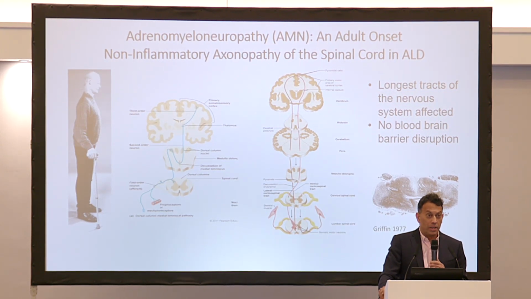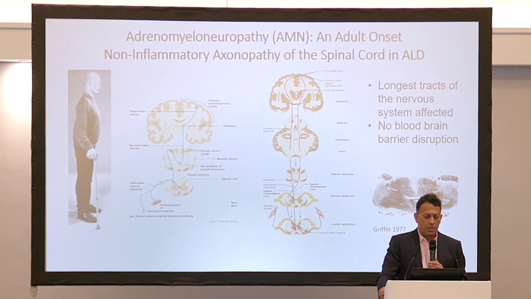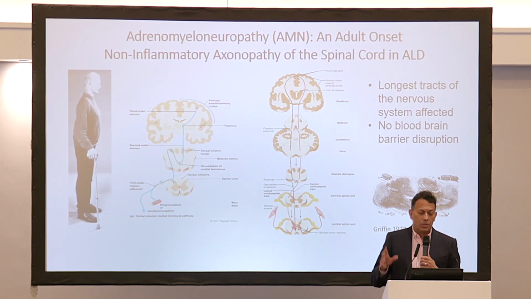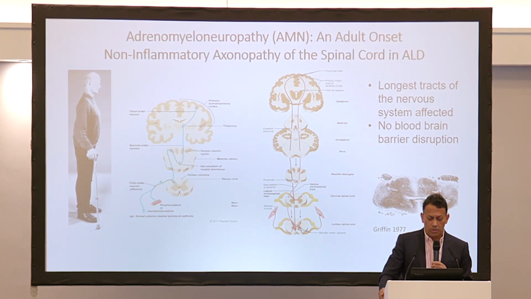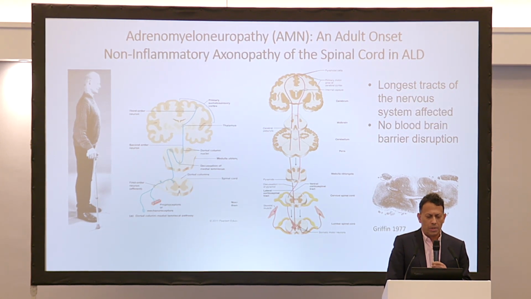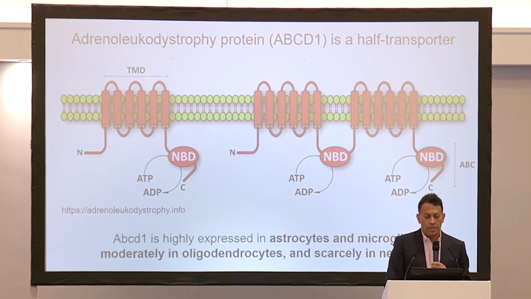Different than cerebral ALD in boys, there's no blood-brain barrier disruption, making it more difficult to deliver to this system in the spinal cord. So we've now heard about the gene, its function, and the tracts that we're trying to remedy in AMN.